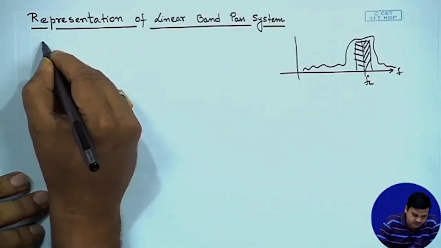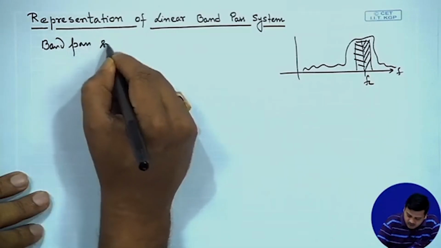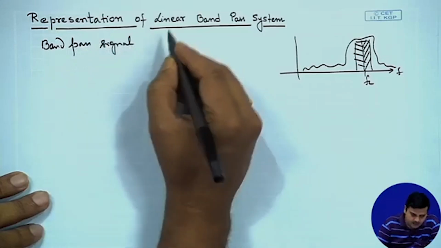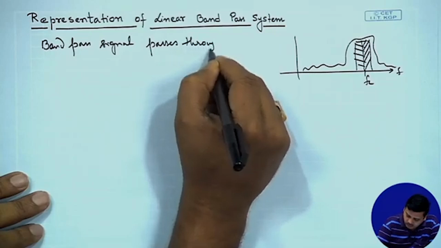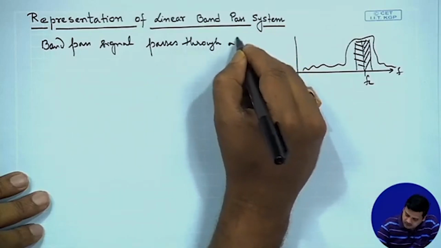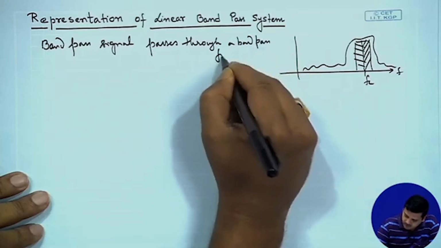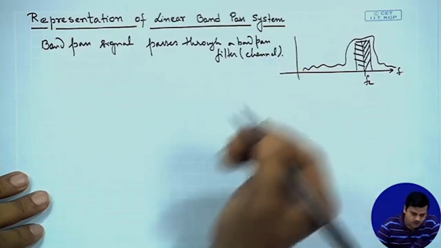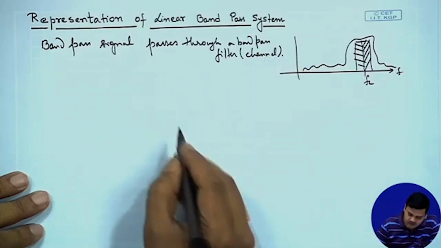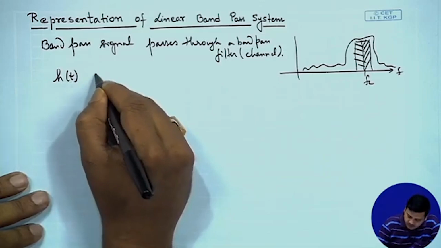So, in other words, the band pass signal passes through a band pass filter, we can say channel, and we would consider, let us say, h(t) as the channel impulse response.